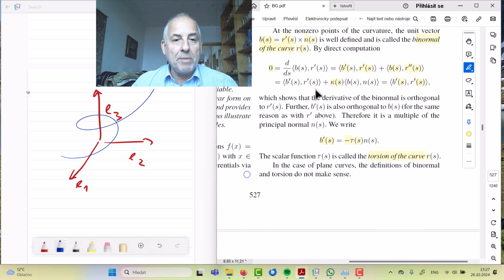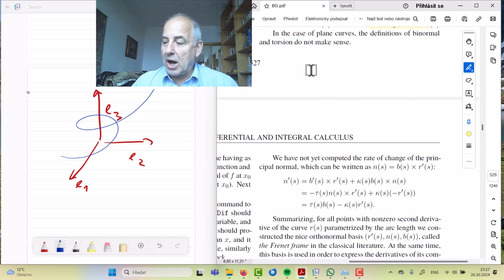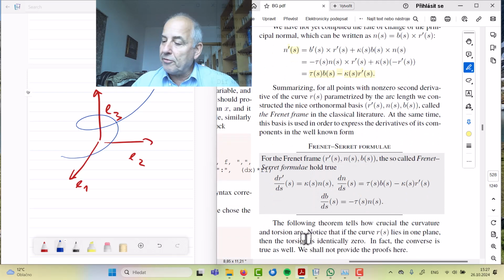And as you could imagine, now if you compute again the derivative of the principal normal, you find out that it's always expressed as the torsion times the binormal minus curvature times the velocity. So summarizing all this together, we have this sort of Frenet-Serret formulae, and you see that the derivative, so the velocity vector, is the curvature times the principal normal.